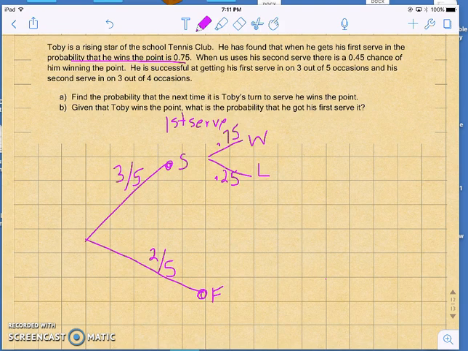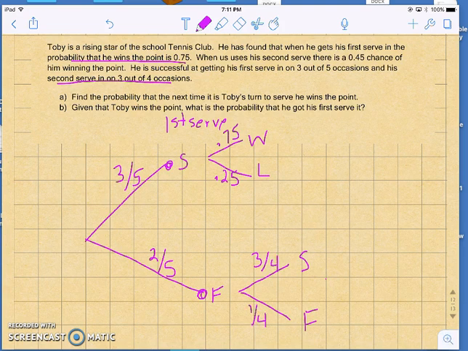All right, so let's see. So down here, when he misses the first serve, he gets a second serve. And let's see, his second serve, he gets in 3 out of 4. So success, failure, so this would be 3 out of 4 and 1 out of 4.